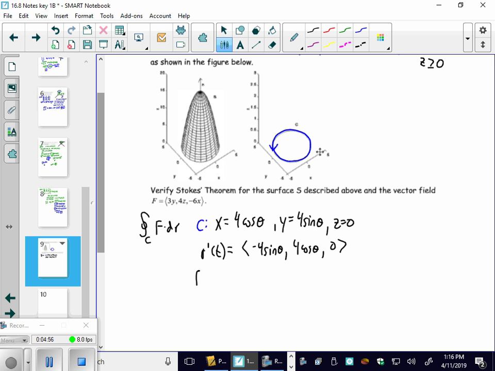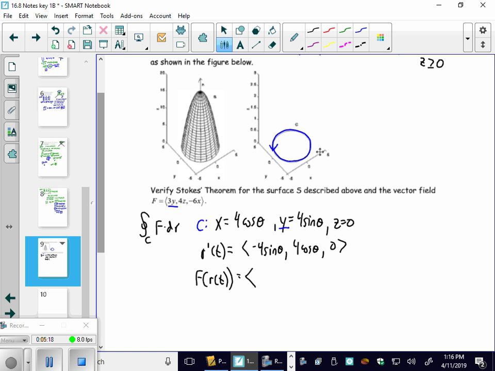So now F of r of t is going to be, so I'm going to have to plug y into the y right there. So that's going to be 3 times 4 sine theta.